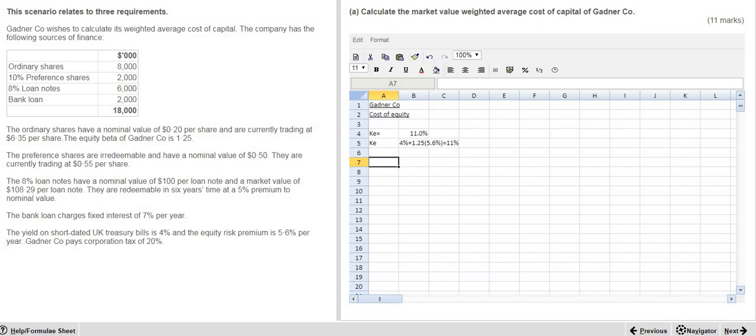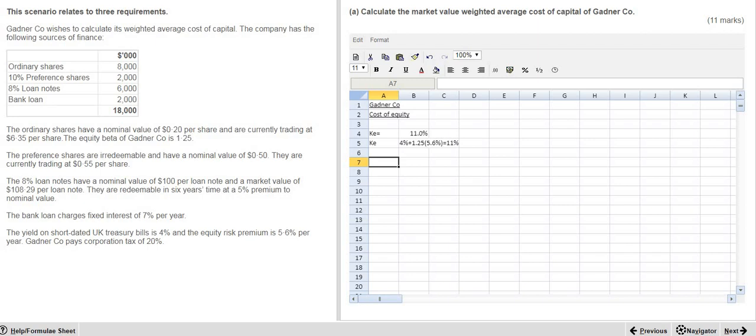The preference shares dividend is the 10% coupon times the nominal value of the preference shares, like the interest on the preference shares. That gives you the dividend.